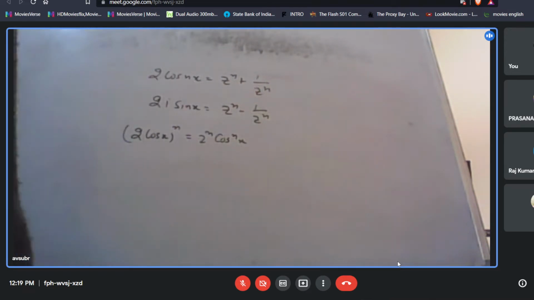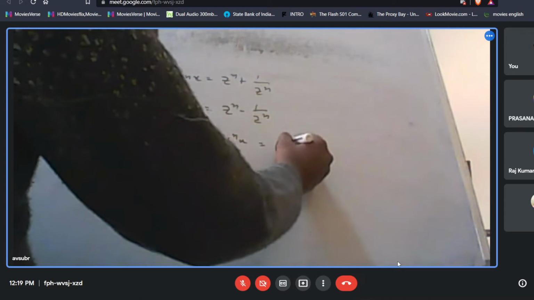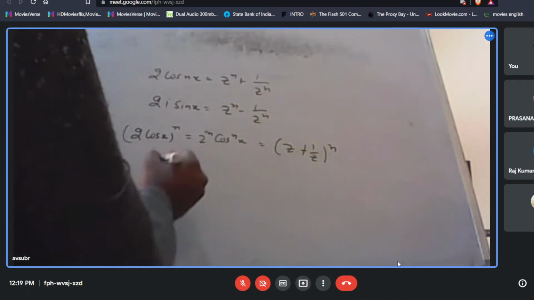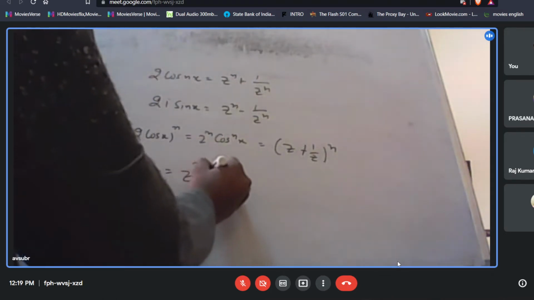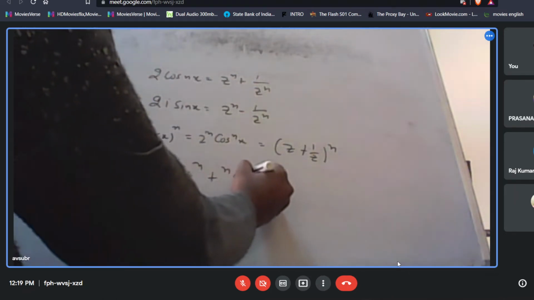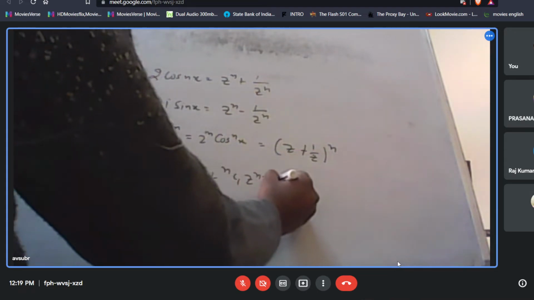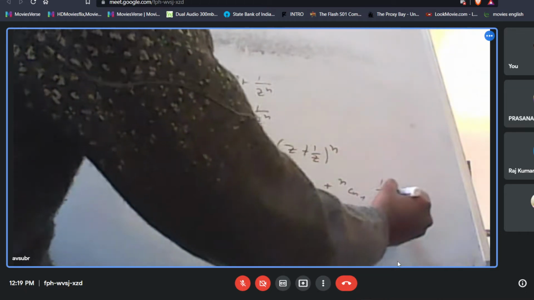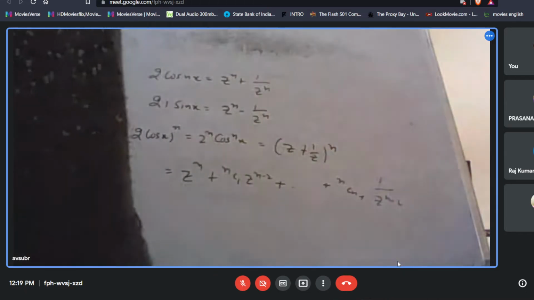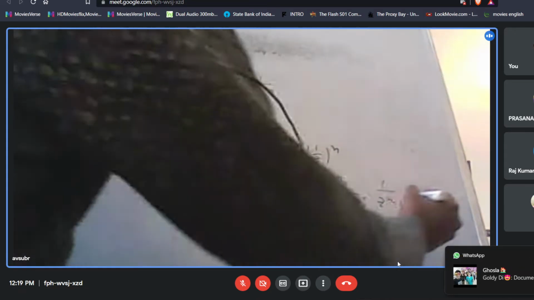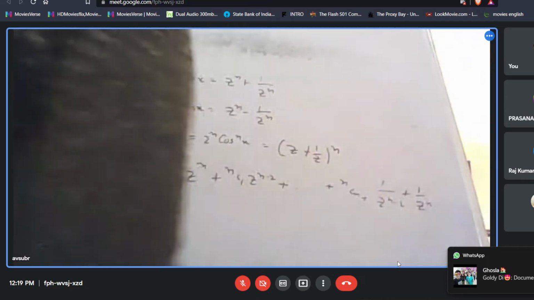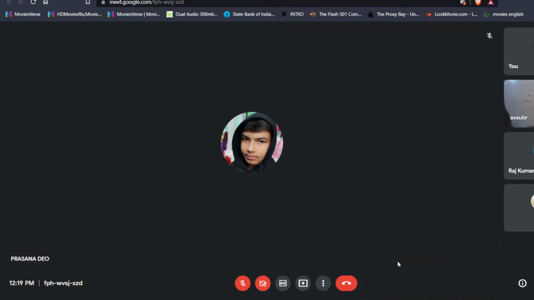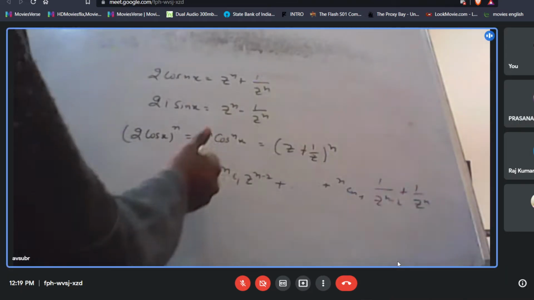So (2 cos x) to the power n, which is 2 to the power n cos to the power n x, is equal to (z plus 1 by z) to the power n, which is z to the power n plus nC1 z to the power n minus 2, and so on, plus 1 by z to the power n. We can write it like this, and so I can segregate.